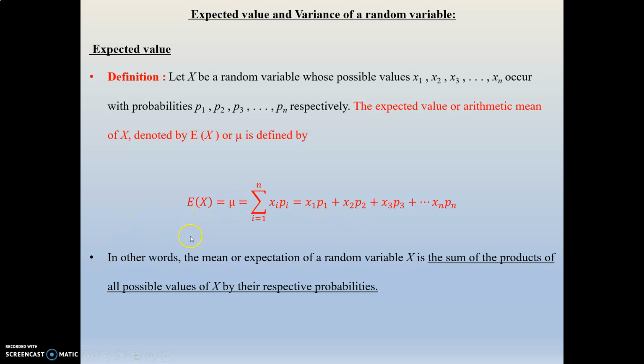It is also called arithmetic mean. In other words, the mean or expectation of a random variable x is the sum of the products of all the possible values of x by their respective probabilities. So all xi values and their respective probabilities, then you have to take the product of these, then adding all these values you will get expectation of x. You have to learn this formula by heart.